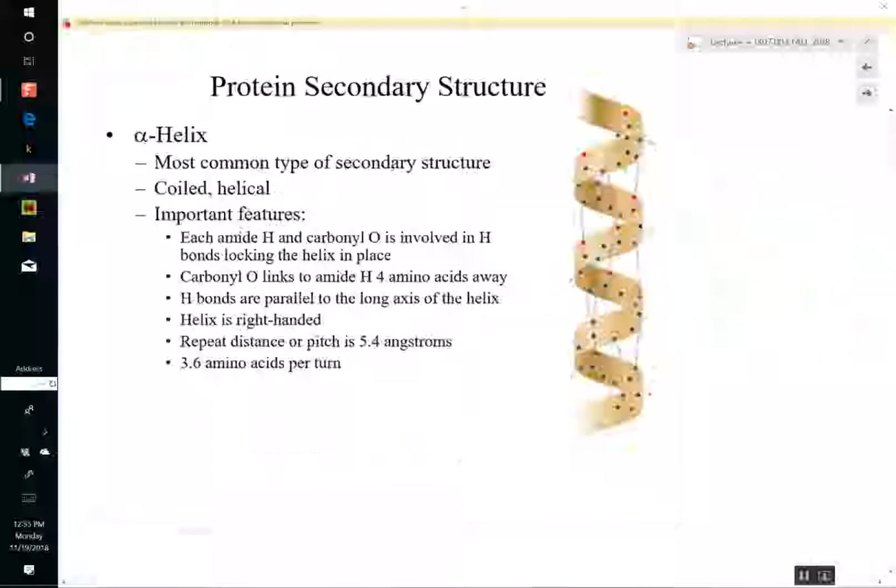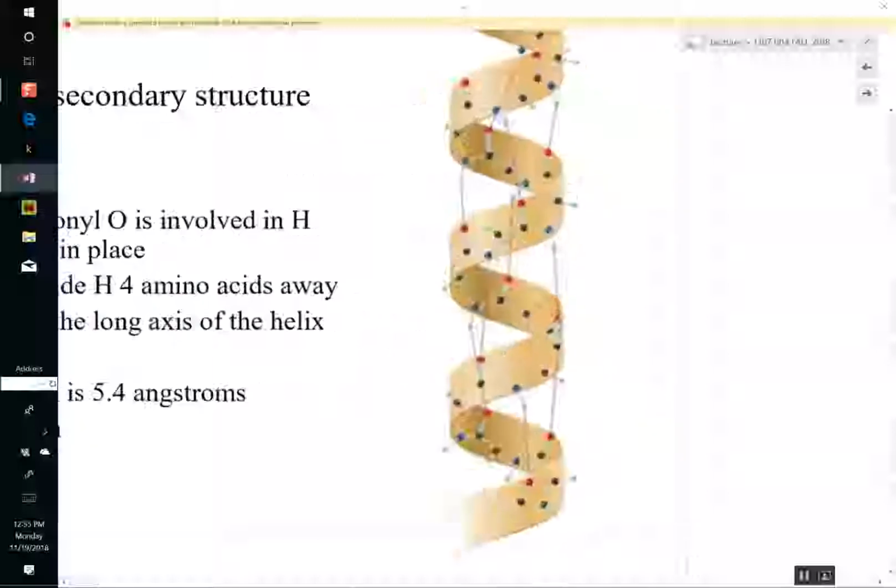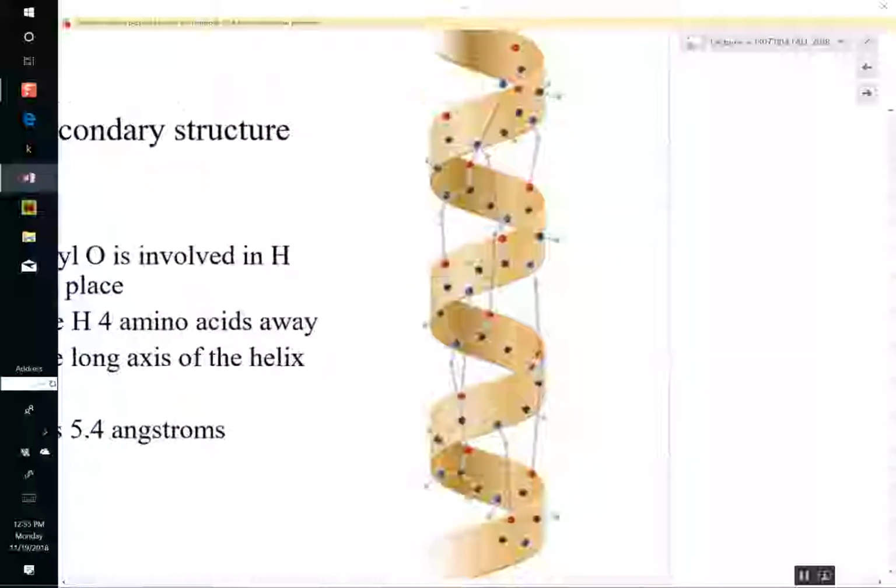So let's take a look. Here's the alpha helix. If this is our amino acid sequence, this ribbon going up through here, these little white bars are covalent bonds walking up through the protein backbone. But here is a carbonyl, a carbon-oxygen double bond.